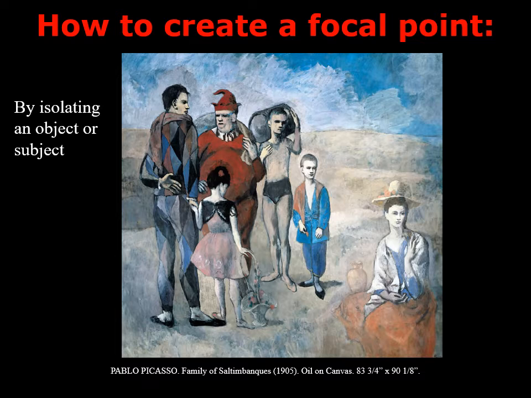And then Pablo Picasso, by isolating the subject or an object, so in this case, the lady there down in the lower right, by isolating her, but as well as, again, going back to sort of the balance, a little more of the visual weight is on the left side, but if you kind of look at the people's faces, for whatever reason, they're just not too happy with her.